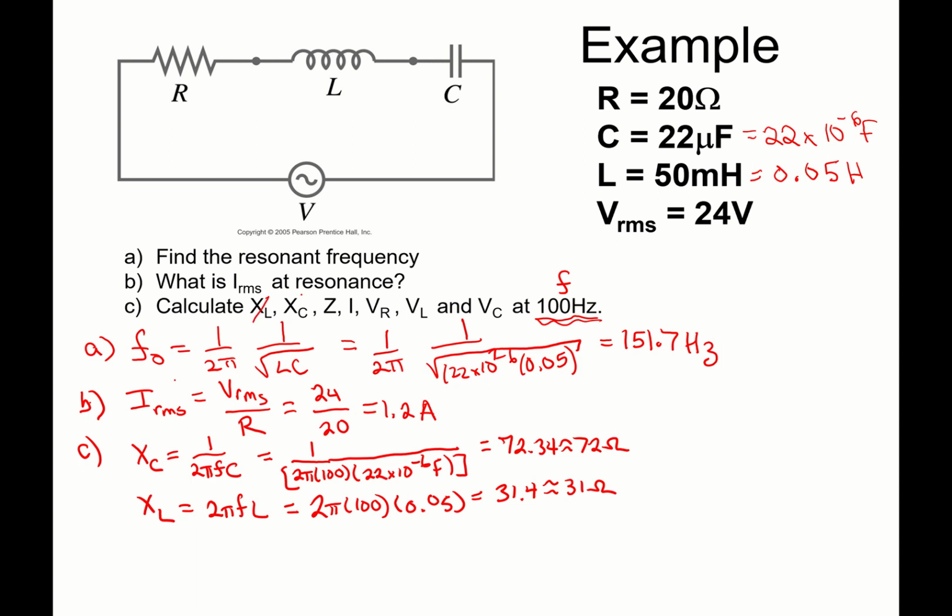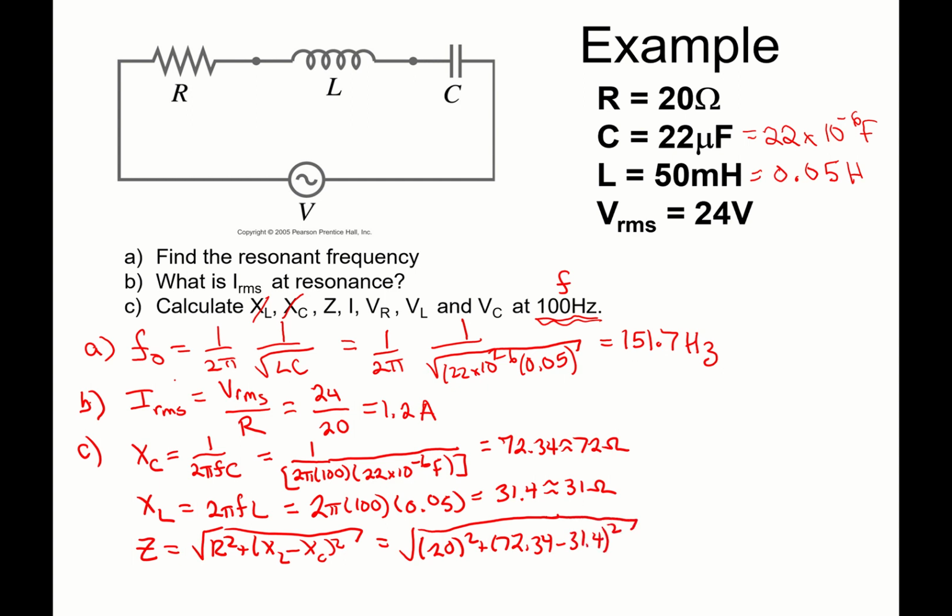So I've done XL, I've done XC. Now Z. Z is the total impedance, the square root of R squared plus (XL minus XC) squared. So that's equal to R is 20, so 20 squared plus 72.34 minus 31.4 squared.